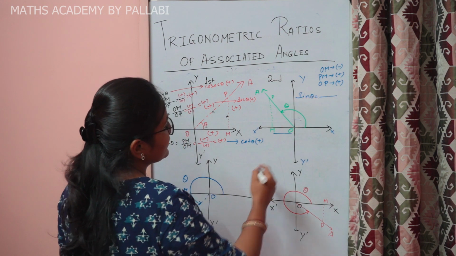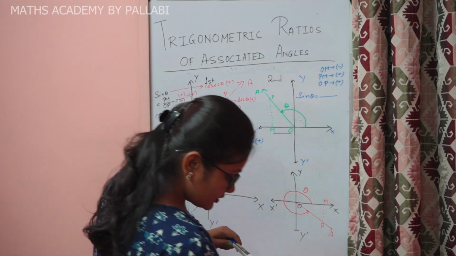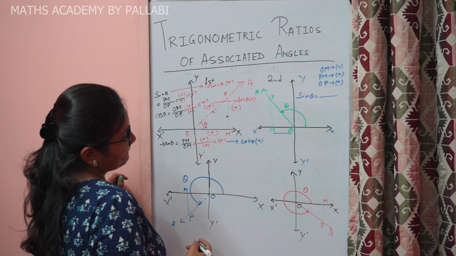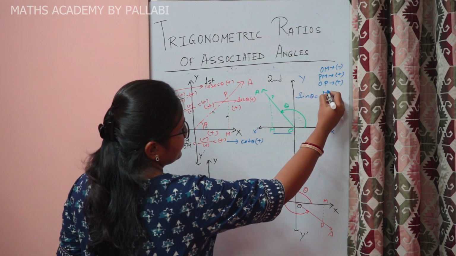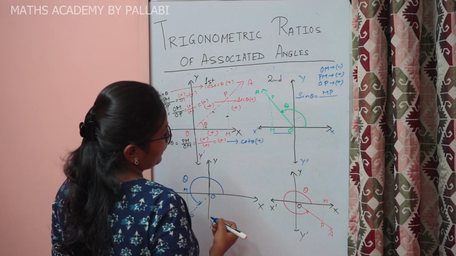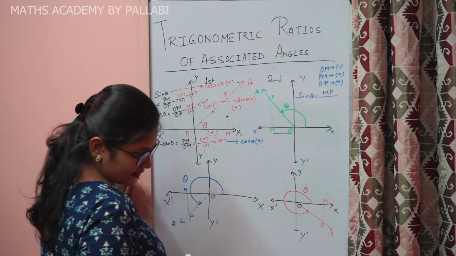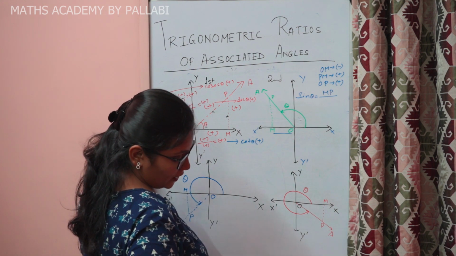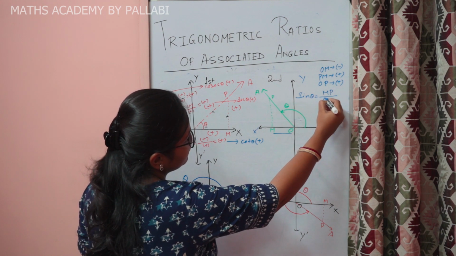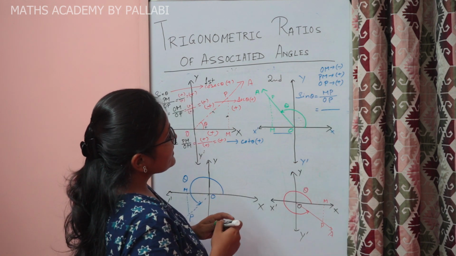Sin theta will be MP by OP. Why is it MP?